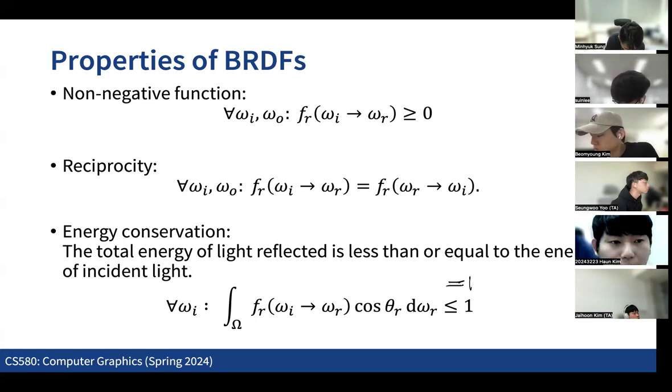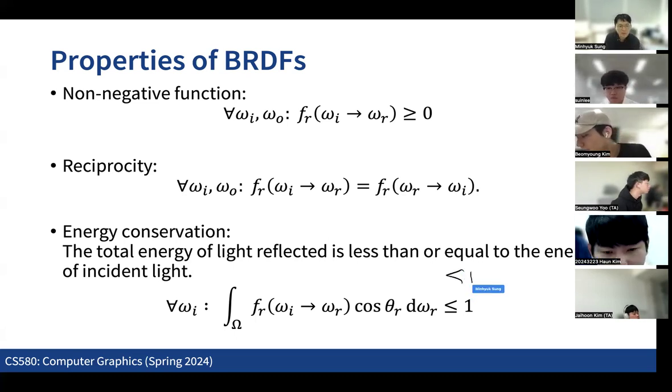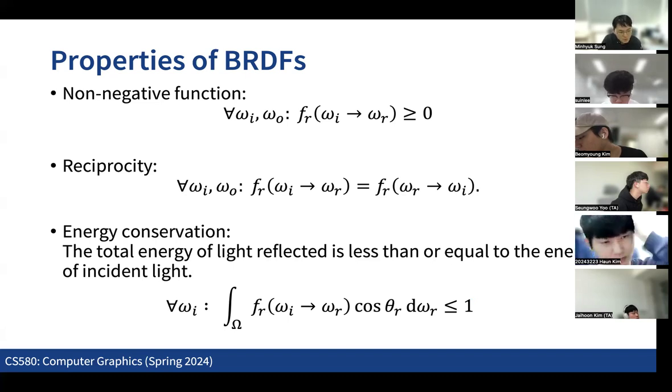But if this integral is less than 1, that means that part of the power was absorbed into the surface with the reflection. We also have seen that we need to satisfy this so as not to see any divergence, any explosion of the light power, as in the previous diffuse sphere case in the previous lecture.